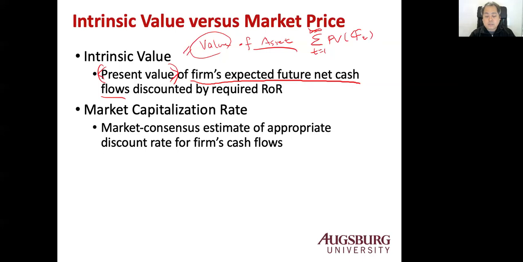The sum of the present values of the future cash flows is the intrinsic value. These should be discounted at the required rate of return. And this required rate of return should be the market capitalization rate, which is the market consensus estimate of the appropriate required rate of return. So the intrinsic value is the sum of the present value of future expected cash flows discounted by the market capitalization rate.